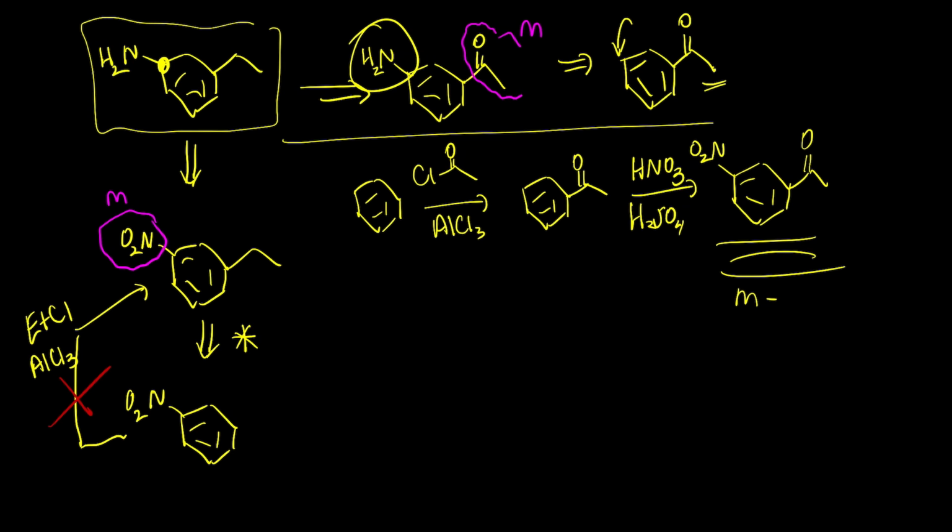It's a meta-disubstituted benzene ring. And then there's more than one correct way here. You could reduce the nitro group, or you could reduce the ketone. So I'll just reduce the nitro group here to give the aniline.